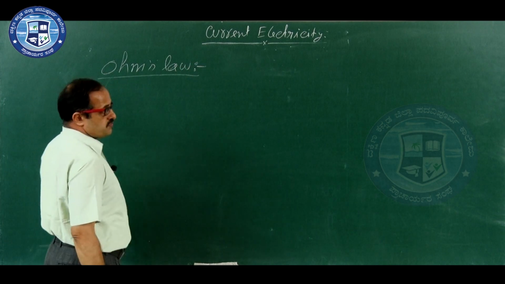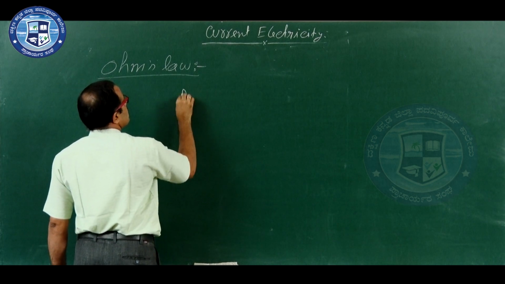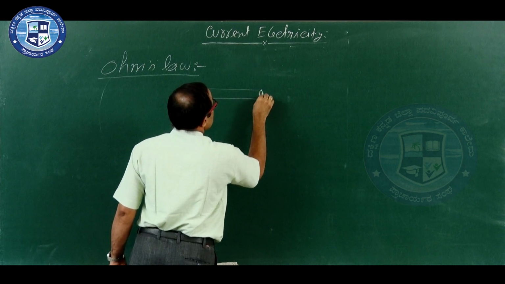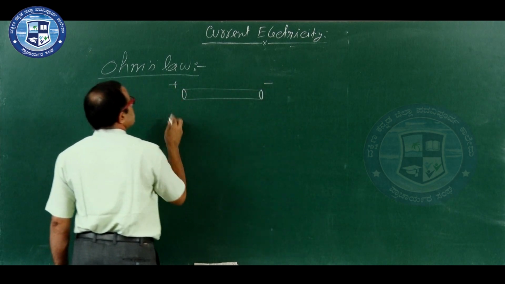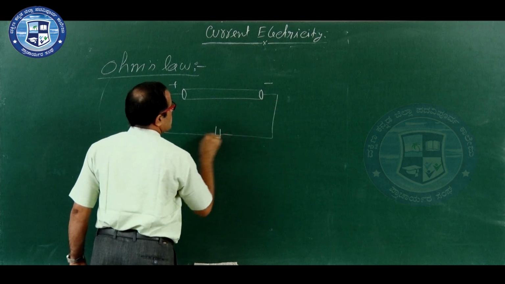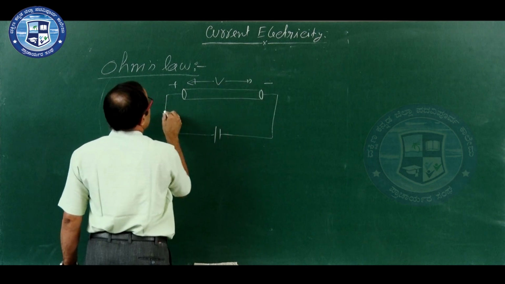What is Ohm's law? See that it is a uniform conductor, with one end at higher potential and the other at lower potential, by connecting it to a cell or battery. V is the potential difference and I is the current.